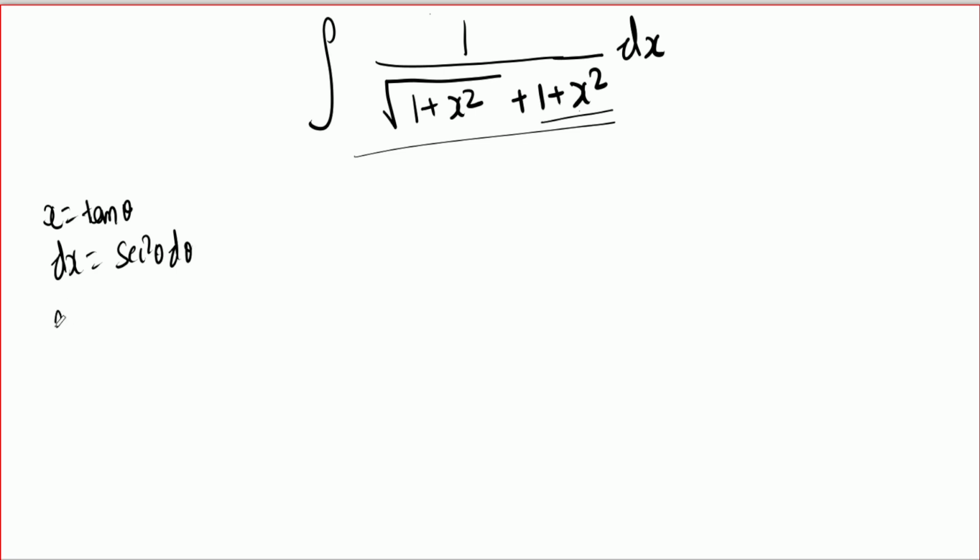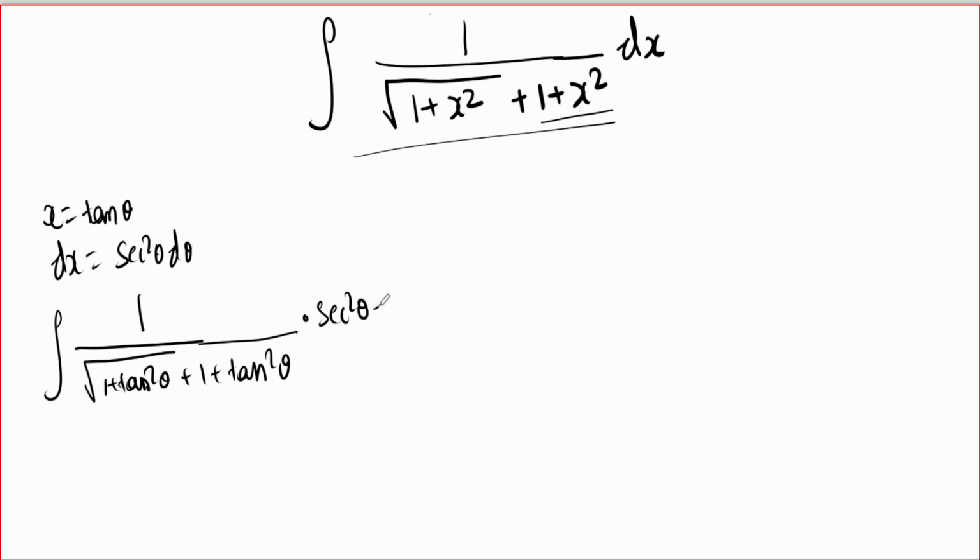So this integral is basically 1 over square root of 1 plus tan square theta plus 1 plus tan square theta times dx, which is sec square theta d theta.